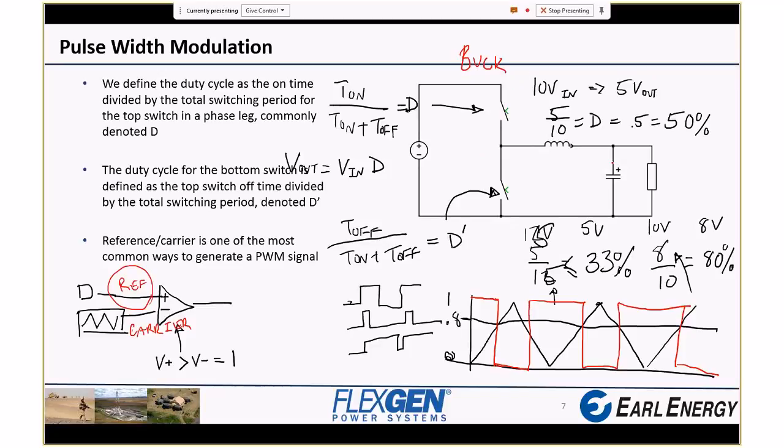The things we didn't talk about here are: what should this switching time be? Call this TS. I think I did that earlier. What should that be? And correspondingly, Fs is 1 over Ts. What should the switching frequency be? And why would you care what the switching frequency is?